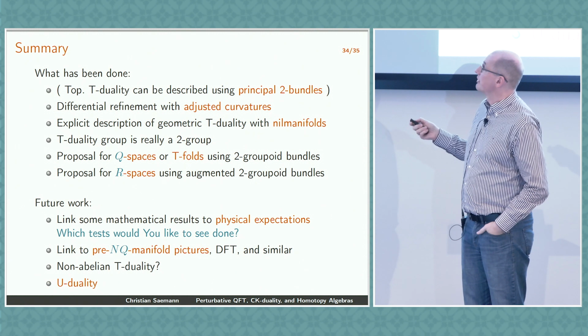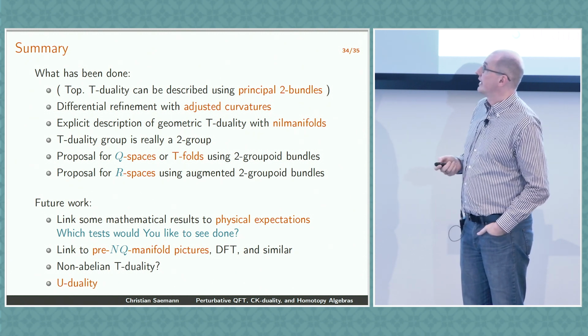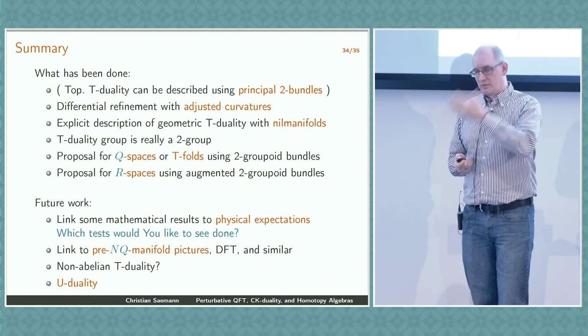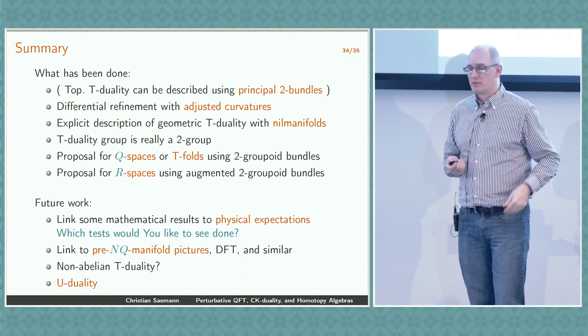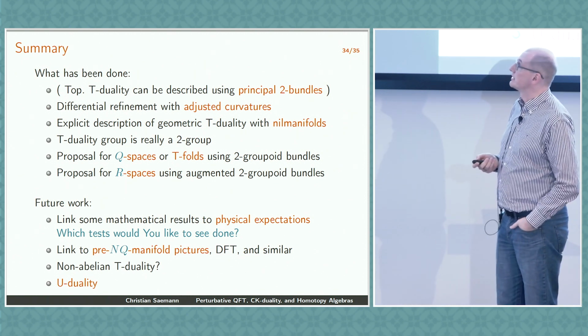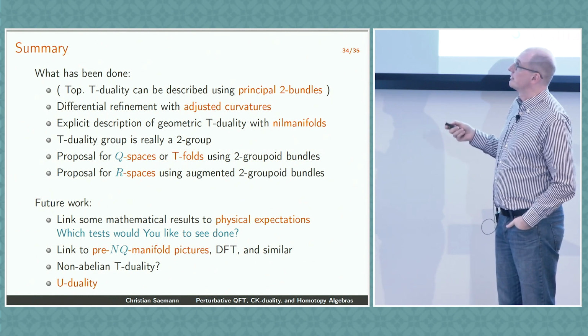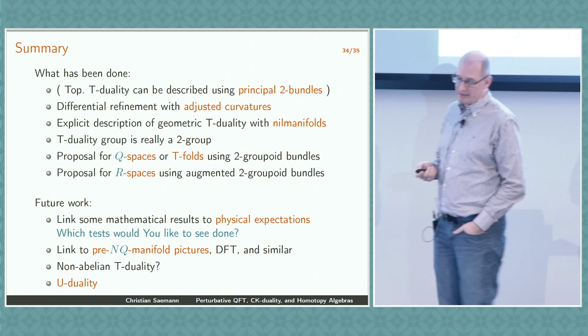Because we know this technology of adjusted curvatures, we were able to differentially refine this, extending it essentially to full T-duality. So their construction is contained, but we could refine it, and locally it does reproduce the Buscher rules as you would expect. Everything is really explicit. You can calculate with these things. It's not very abstract.